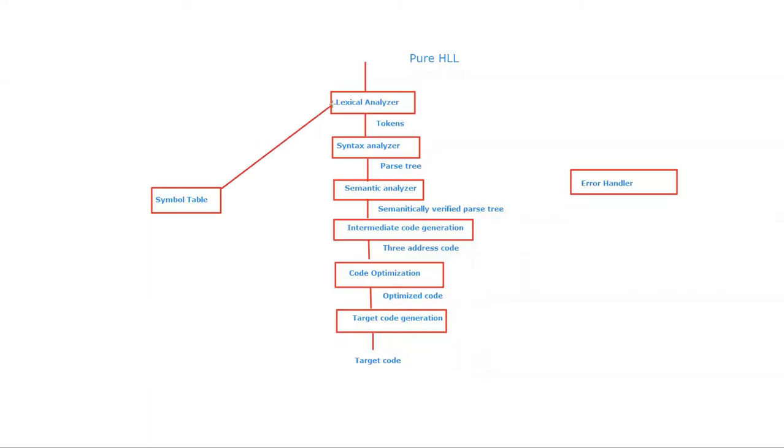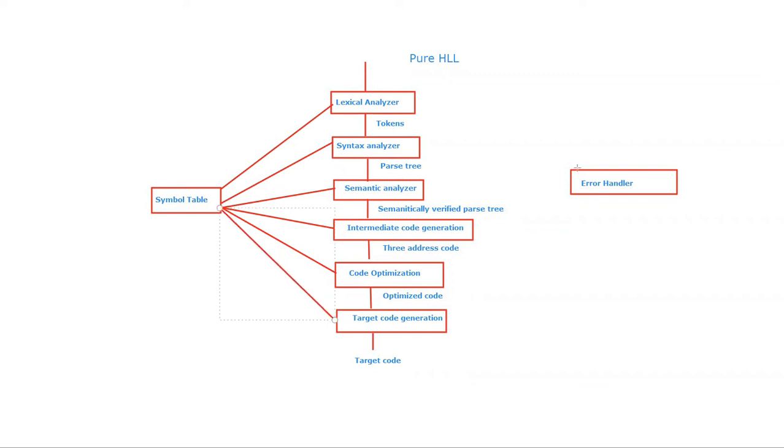So the symbol table is connected with the lexical analyzer, syntax analyzer, then the semantic analyzer, then the intermediate code generation, then code optimization, then the target code generation. Right?